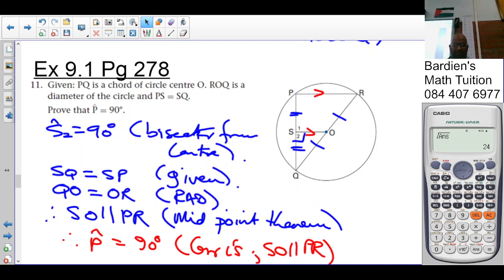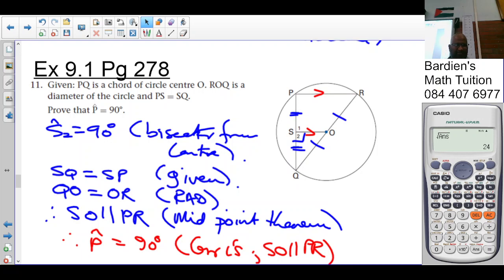In theorem 2 we are told about subtended angles. This is on page 280.